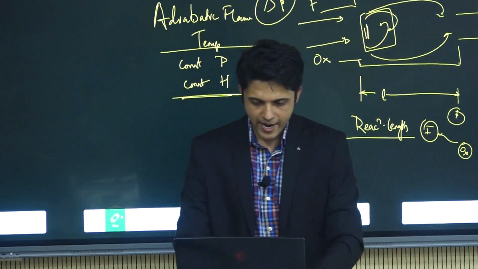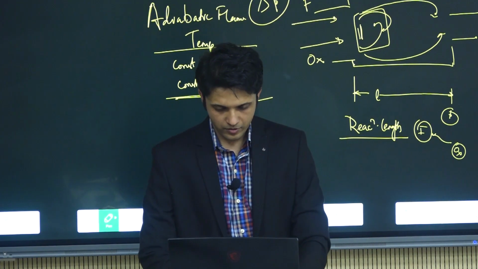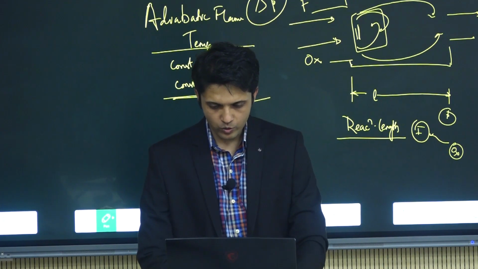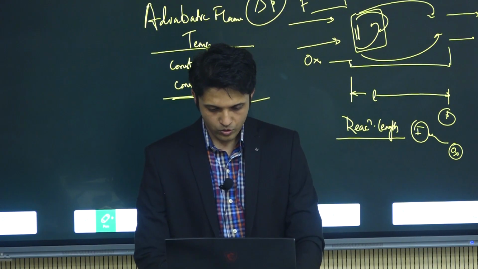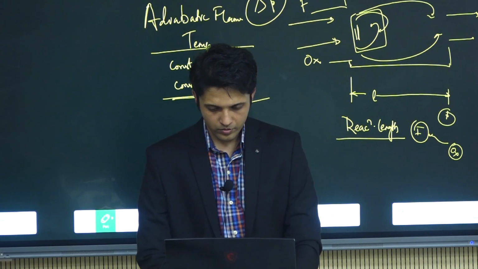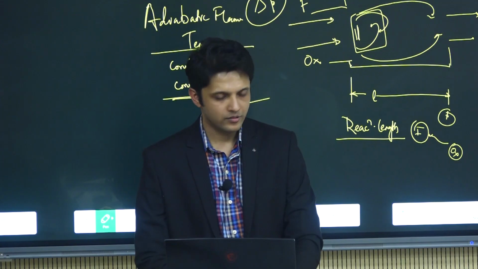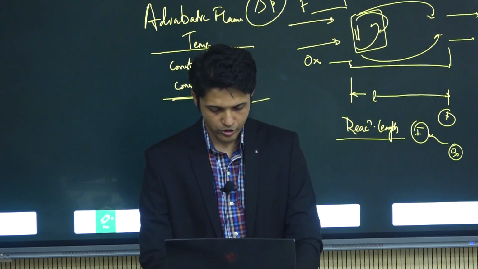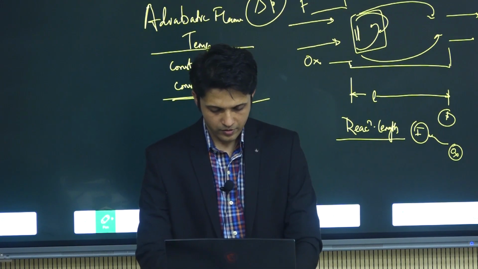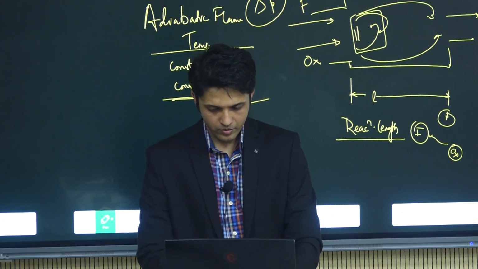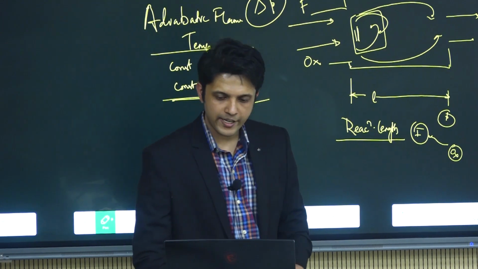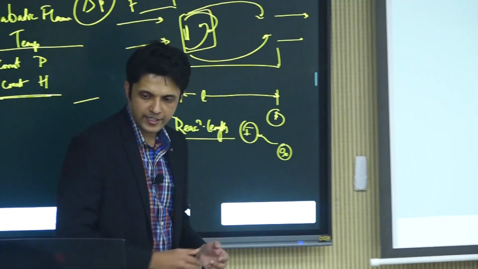In our reactants we had methane, CH4, and it was 1 mole. Accordingly O2, how many moles for stoichiometric? 2 moles, and then nitrogen is 7.52. So these are our reactant mixture mole fractions that we can enter.